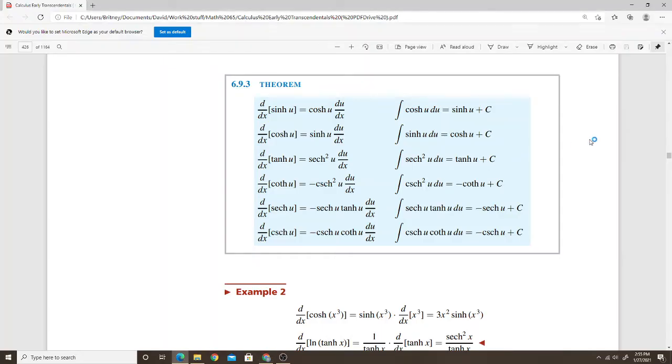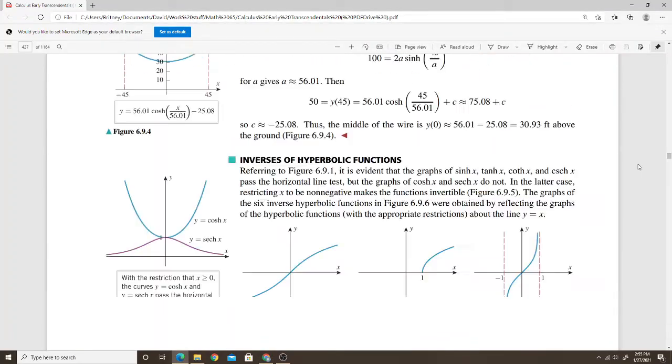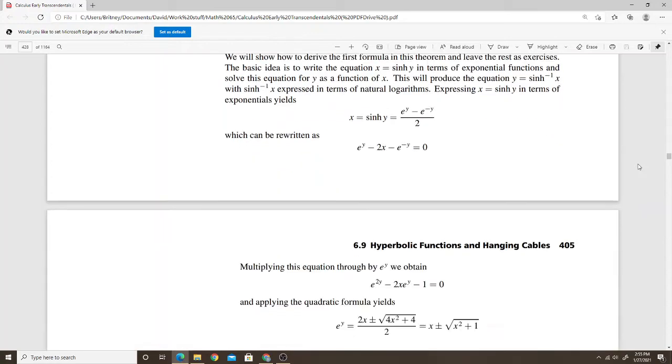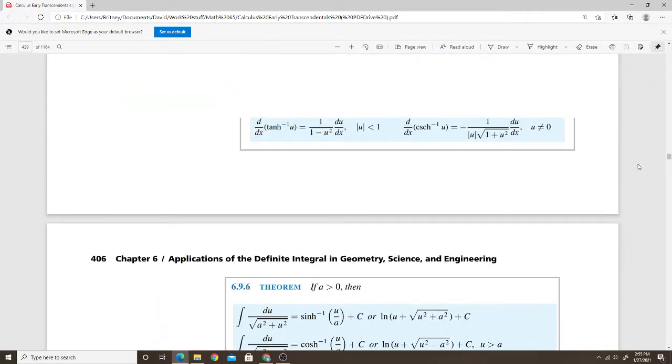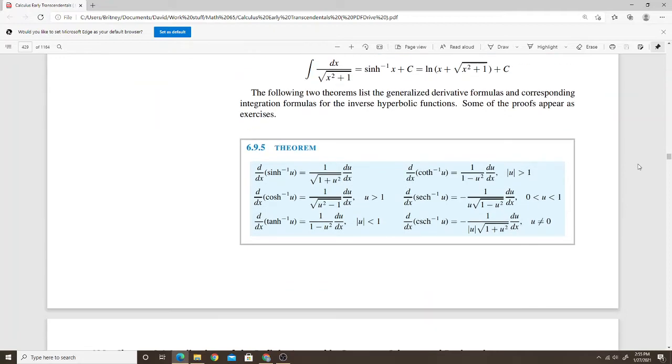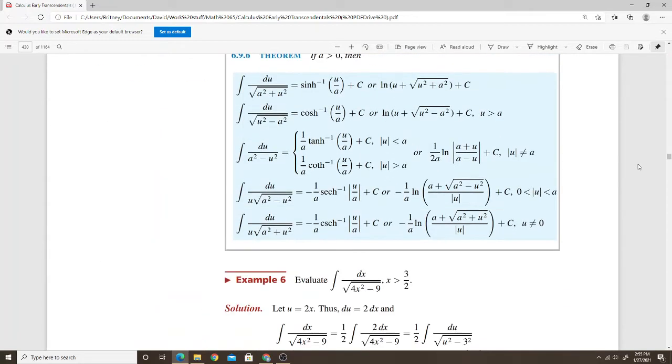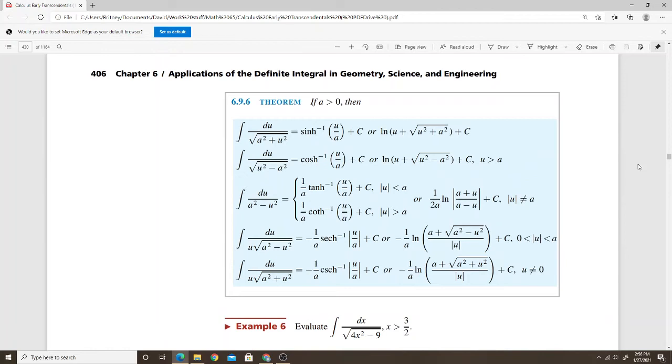Let me just show them to you. 6.9.5 is all about the derivatives. 6.9.6 is all about the integrals.